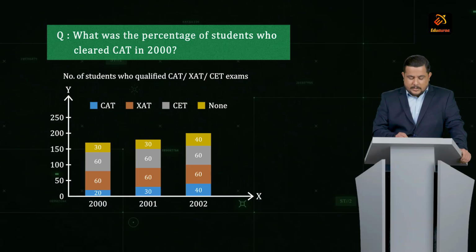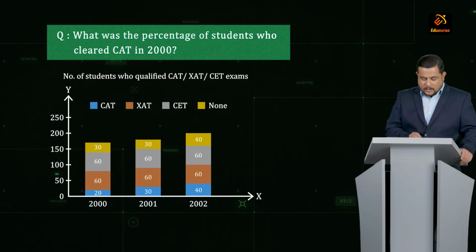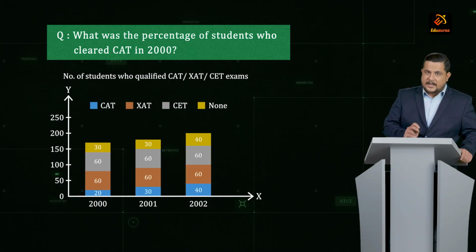So in 2000, 30 plus 60 plus 60 plus 20, we can go from that graph. Four subdivided parts: 30 students who passed none of the exams, 60 students who passed the CET, then 60 students who passed the XAT, means SET exams, then 20 students who passed the CAT exam. So 30 plus 60 is 90, 90 plus 60 is 150, 150 plus 20 is 170. So the total number of students was 170.